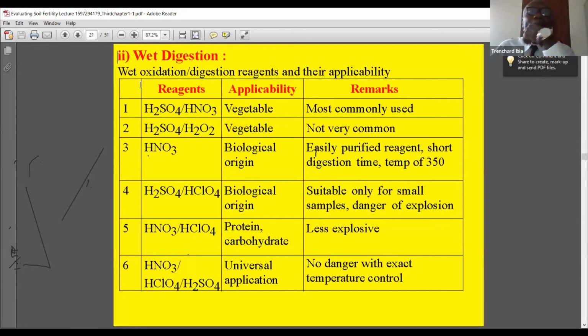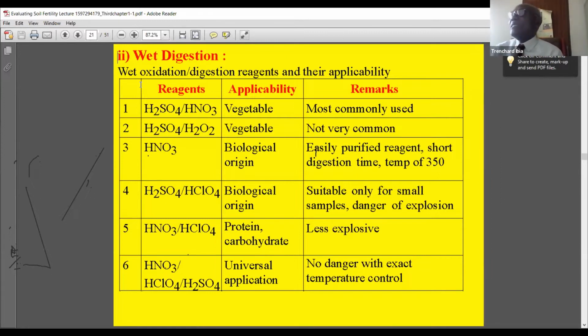Next slide. When we now move to wet digestion, this table shows us the various acid combinations and where it is most applicable, with some remarks. We are going to use concentrated sulfuric acid and nitric acid.